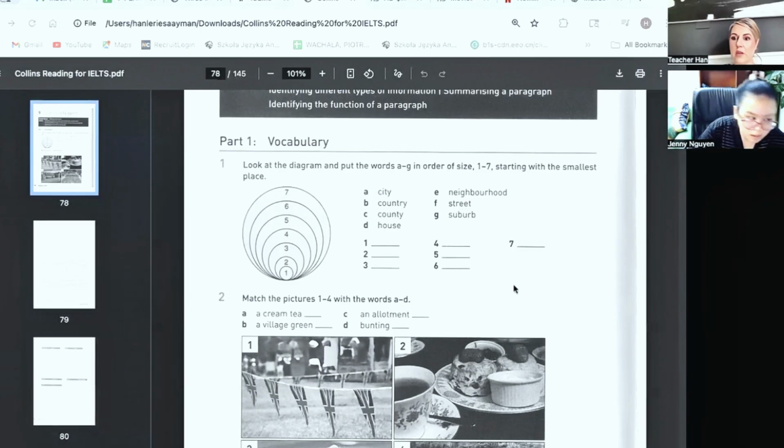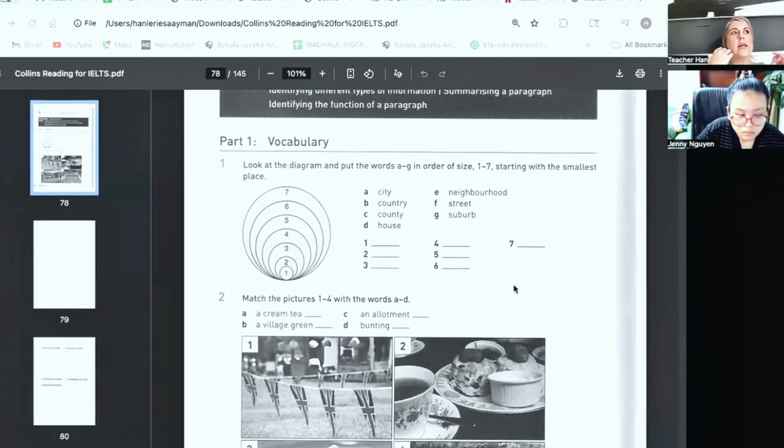The suburb, the county. Okay, so when you have a neighborhood, like in your neighborhood, your street. But a suburb is a few streets. And then we have a county. That means it's like a district. In America we have like 27 counties.